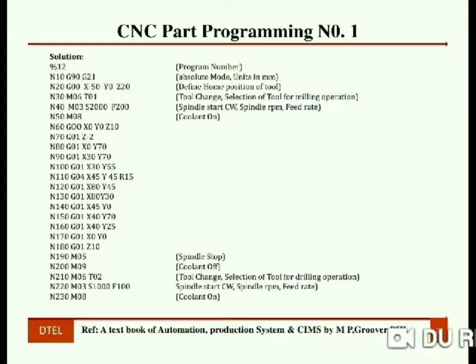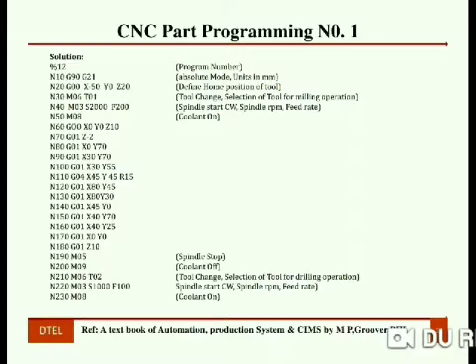Then N30, M06, T01. Tool change. M06 means tool change and T01 means selection of tool. So we have selected here tool number 1 for the first operation, that is milling operation, and then we will perform the drilling operation. Then we have to change the tool again.